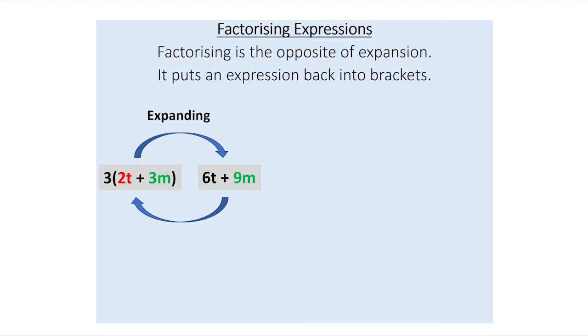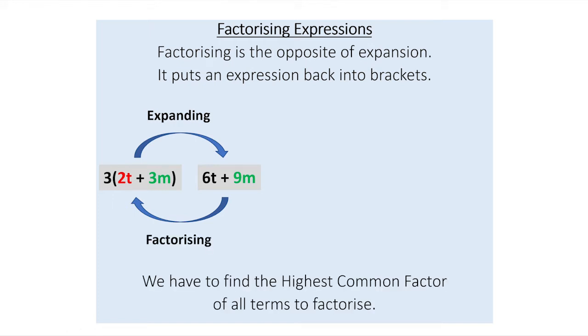Factorizing is when we do the opposite. We put our expression back into its brackets. We have to find the highest common factor of all terms to factorize. In this case, our highest common factor was 3. We write the 3 outside the brackets, and our remainder goes inside the brackets.